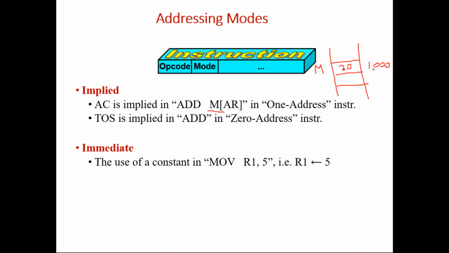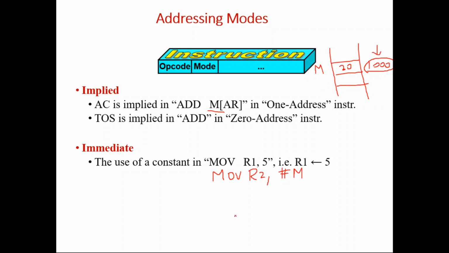Now assume that I want the 1000 to be moved to the register R2. Then what should I write? I should write move R2, comma, hash M. So hash represents immediate value. Hash means it will not take the value of M, it will take what is M. What is M? M is 1000.